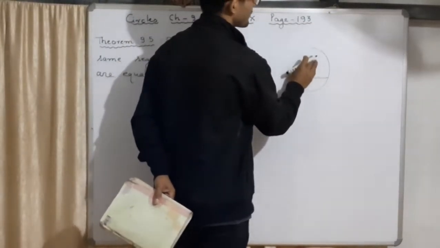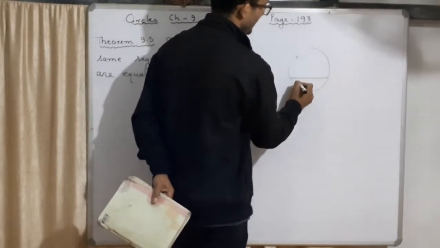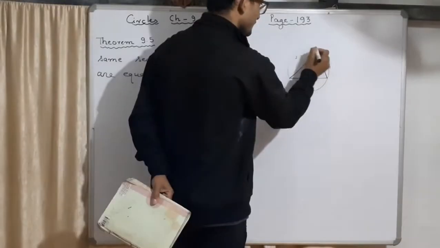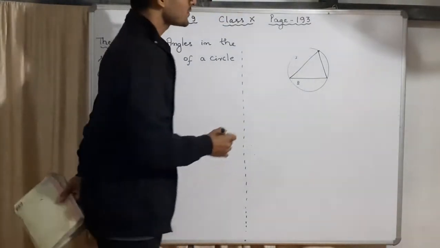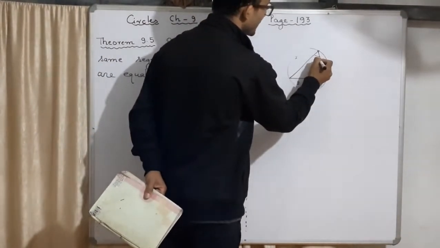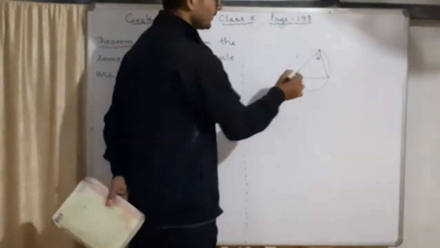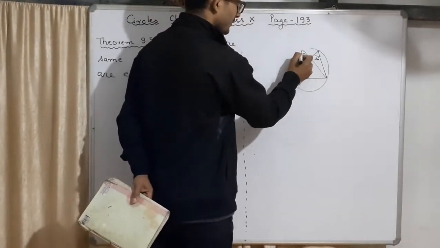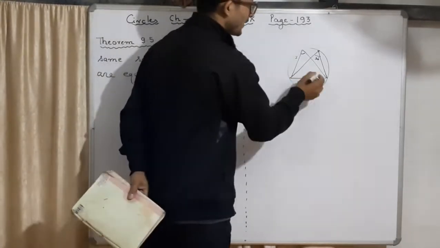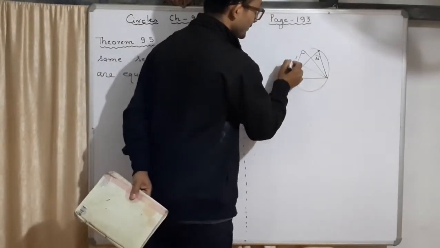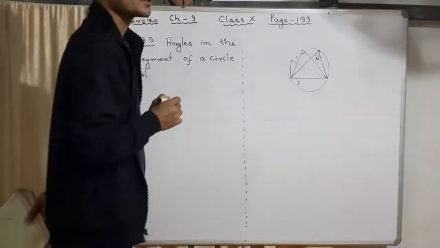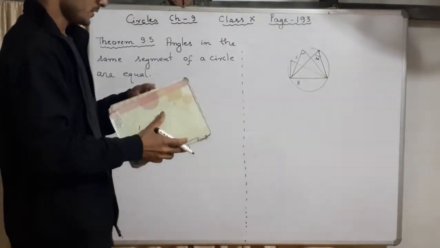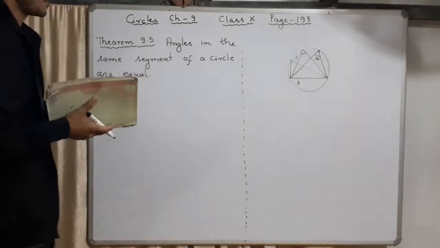In the same segment means, suppose this is segment 1, this is segment 2. In the same segment, if I have one angle, suppose this is 30 degrees, I make another angle in the same segment, segment 1, upside, this will also be 30 degrees. If I make another angle, this will also be 30 degrees. So this is the meaning. So in the same segment, all the angles will be the same, equal.